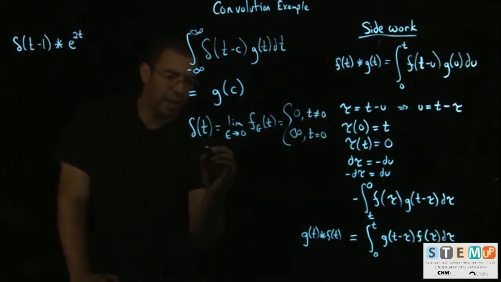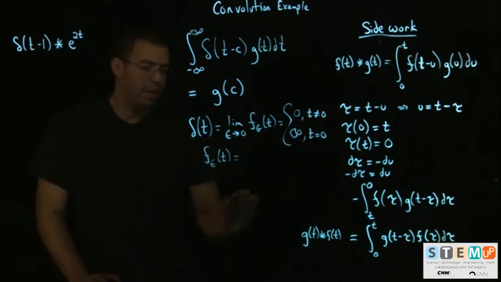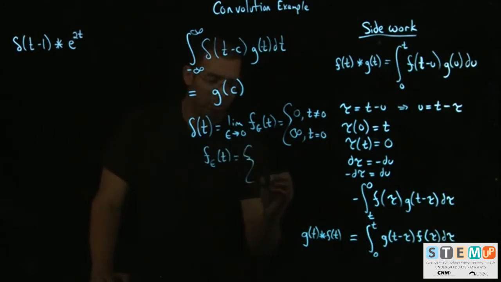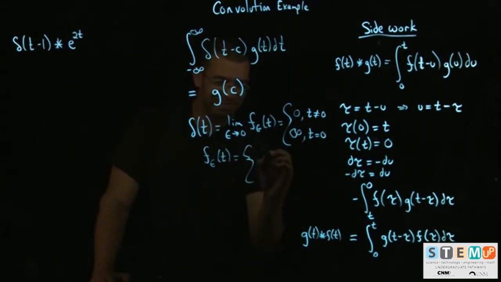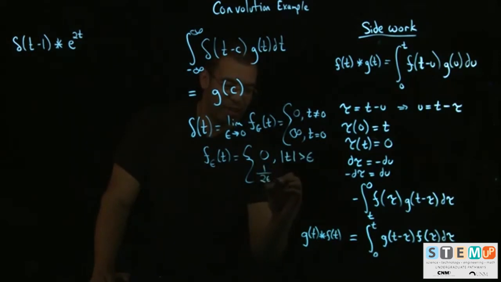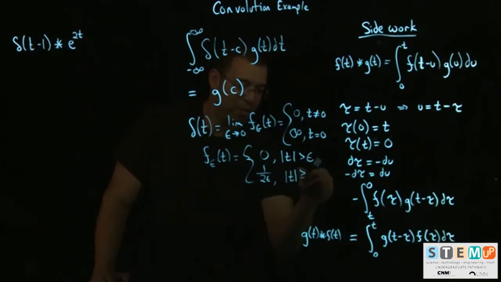And this f sub epsilon of t is itself equal to 0 whenever t is greater than epsilon, and 1 over 2 epsilon whenever t is less than or equal to epsilon.